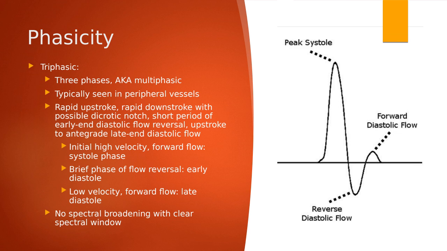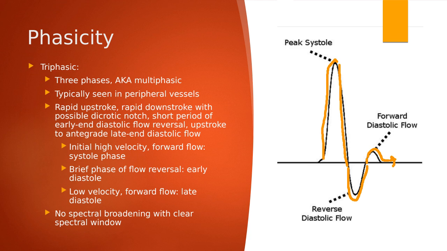So like we said, rapid upstroke to a pretty high peak velocity, rapid downstroke to even flow reversal during that early diastole, and then it's going to come back up to forward flow for late diastole before the pressure increases in our left ventricle to have our next waveform.